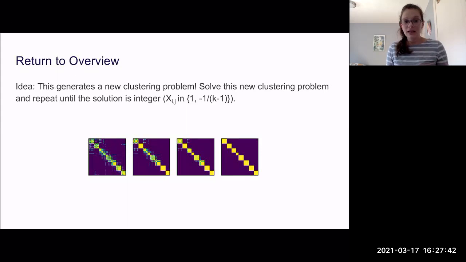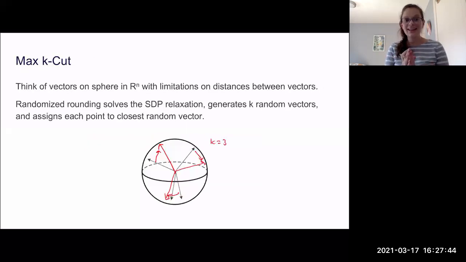And so this leads to the idea, actually to go back to the slide, that once we got these vectors, I had this notion of, okay, I want to maintain the information. I want vectors that are close together to go to the same cluster. I want vectors that are far apart to go to different clusters. That in itself is a new clustering problem. I'm thinking about grouping those vectors in a way so that vectors that are far apart are in different clusters.